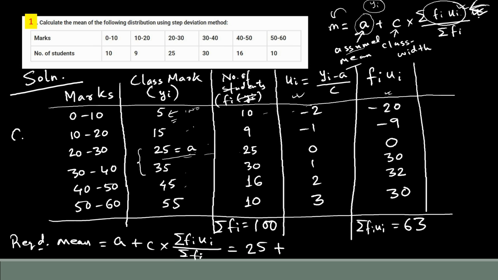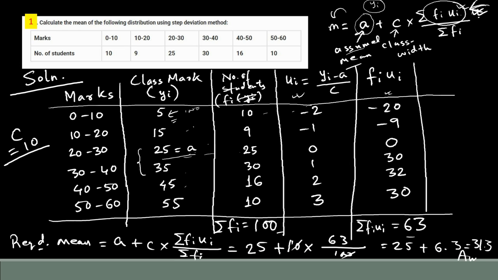C, our class width, was 10. So let's write it here as 10 times summation fi ui, which is 63, divided by summation fi, which is 100. So this will get cancelled. This is 25 plus 6.3, which will give us 31.3. This is our answer. Okay.